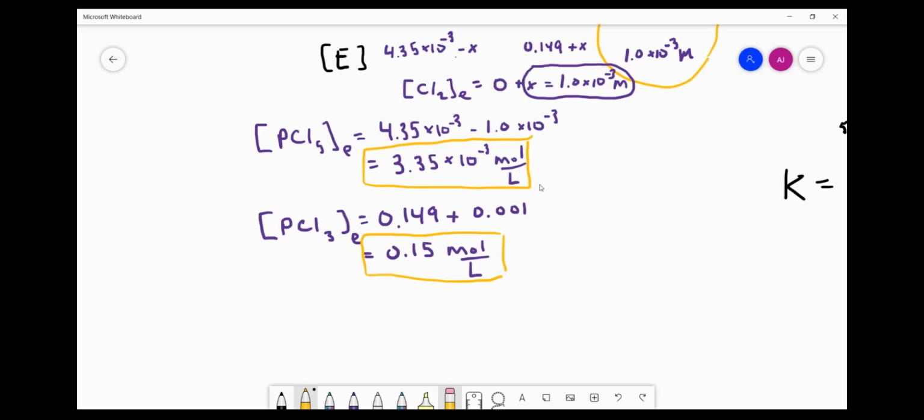Final part of the question was asking to solve for K. To solve for K, we need our three equilibrium concentrations, which we have up here at the right, here, and here. So now that I have these values, I can solve for K. Let's go back to our K equation and substitute those values in.